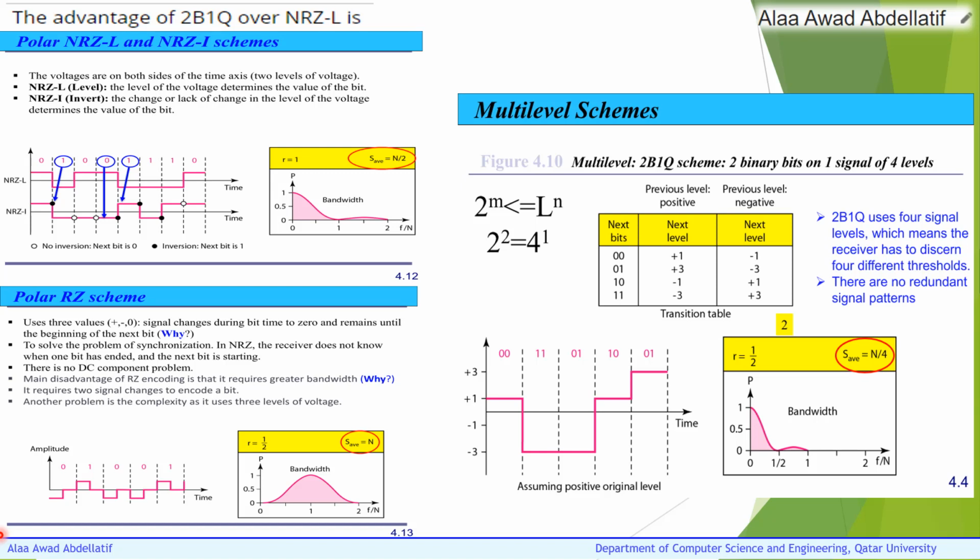So the bandwidth equals N over 4. The advantage of 2B1Q is less bandwidth. We increase the number of bits in the same signal element, so it has less bandwidth.